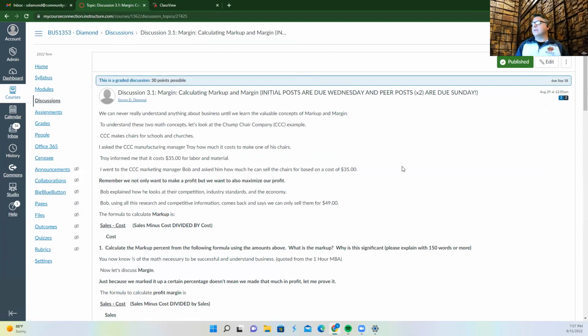It starts out: we can never really understand anything about business until we learn the valuable concept of markup and margin. To understand these two math concepts, we'll look at Chump Chair Company, CCC. CCC makes chairs for schools and churches. I asked the CCC manufacturing manager, Troy, how much it costs to make one of the chairs. Troy informed me that it costs $35 for labor and material.